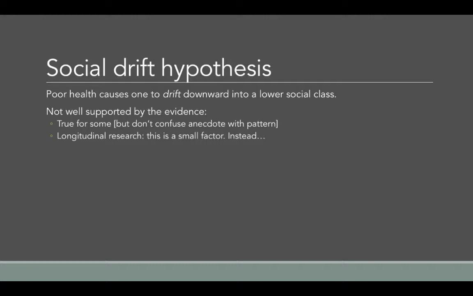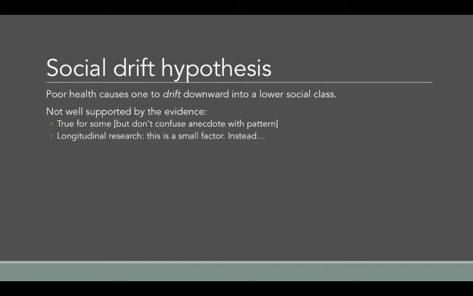However, these cases are much fewer and less frequent than cases where the opposite is happening, where people in low social positions have a lack of access to resources. So the larger pattern that research has uncovered, and in particular longitudinal research, where they're following people over time, is consistently finding that the drift hypothesis, the idea that people who are ill would then become less advantaged and fall lower on the socioeconomic ladder, is much, much less frequent than the social causation argument.